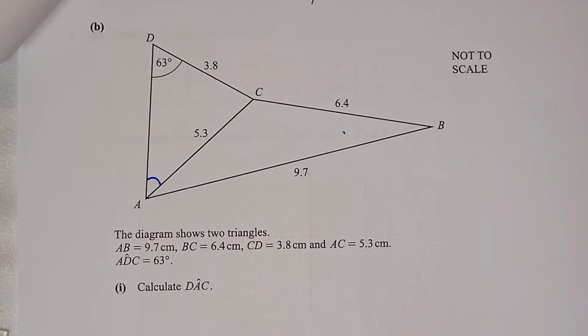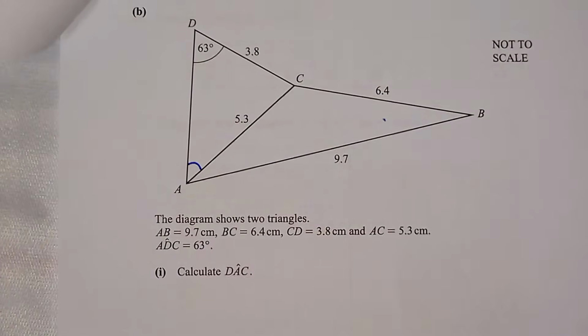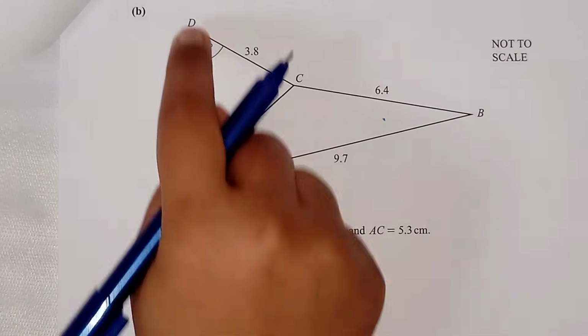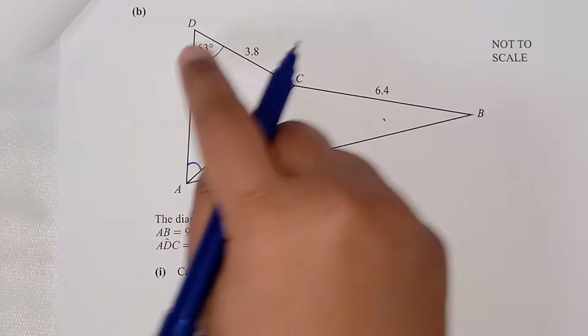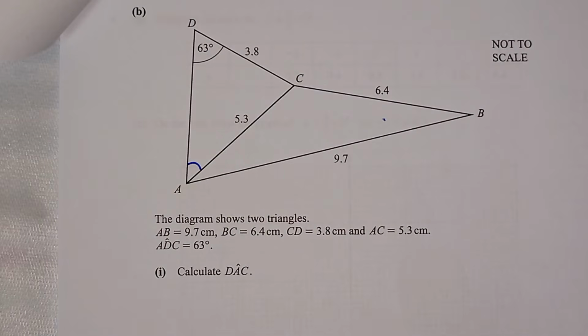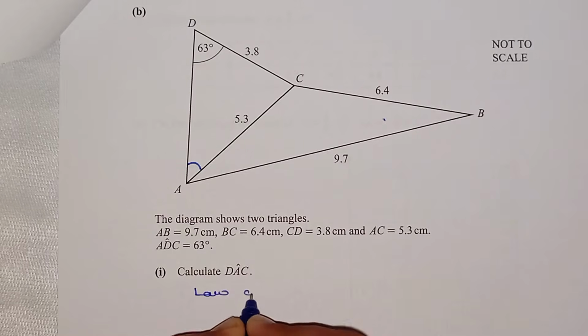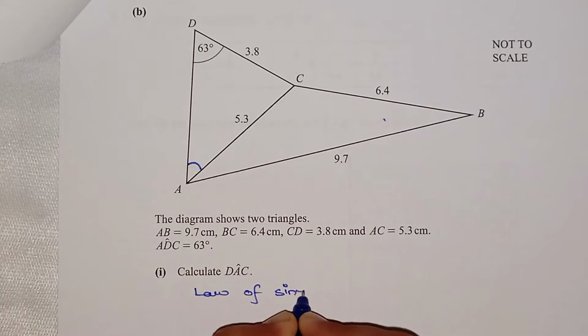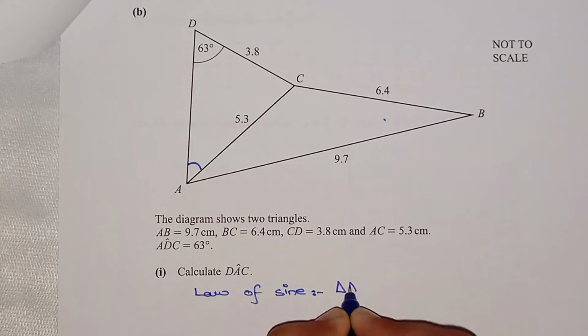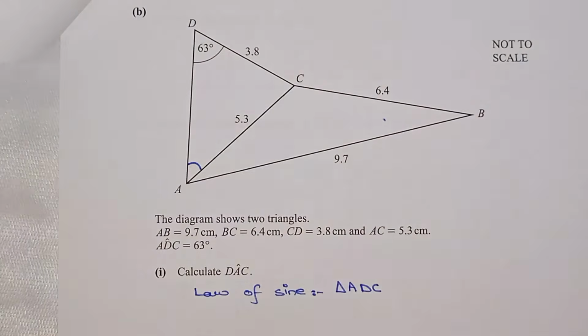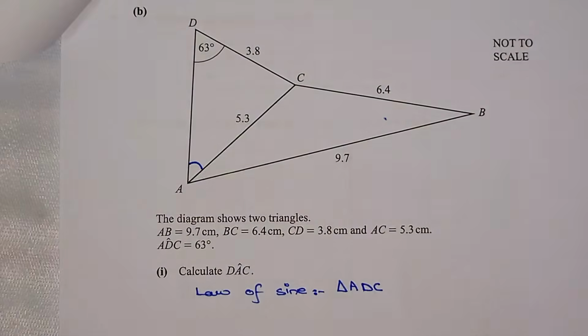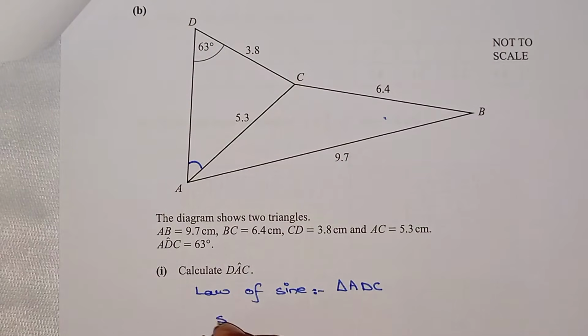Okay, so we have been given two sides and one angle. If we work on triangle ADC, we have two sides and one angle. We can find this angle by using the law of sines. So I'm applying the law of sines on triangle ADC. Since I need to find angle A, the sine law would be sine A over a equals sine D over d.